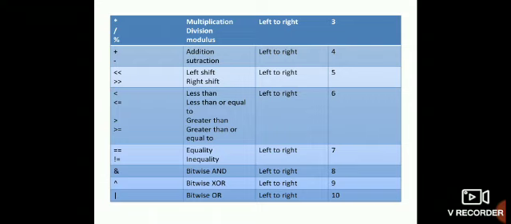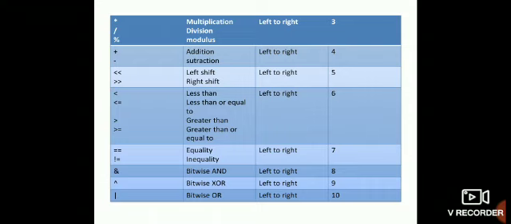The next operators are left shift and right shift, and the associativity is from left to right, and the rank is 5. The next operators are less than, less than or equal to, greater than, greater than or equal to, and the associativity is from left to right, and the rank is 6.